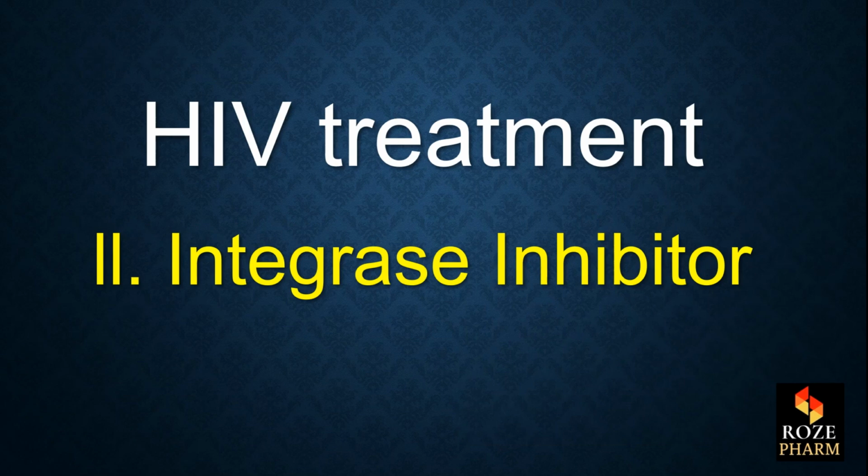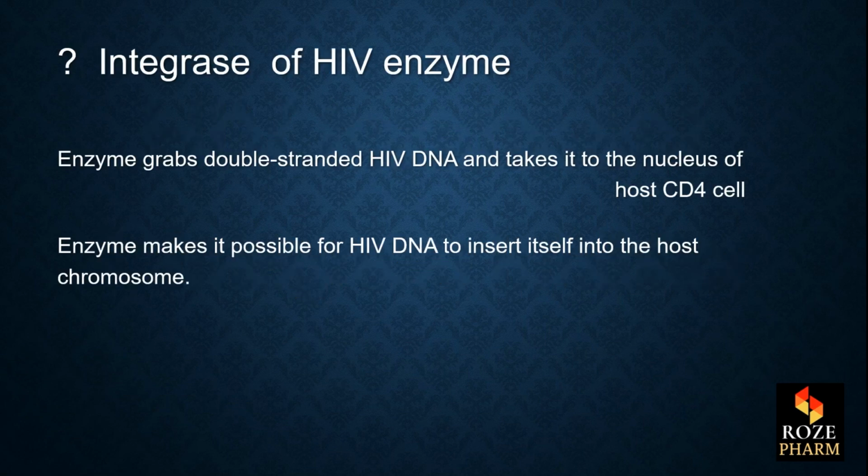So let's check out the second enzyme, integrase, and integrase inhibitors. What does the integrase do? This integrase grabs double-stranded HIV DNA and takes it to the nucleus of the host CD4 cell. The enzyme makes it possible for HIV DNA to insert itself into the host chromosome.